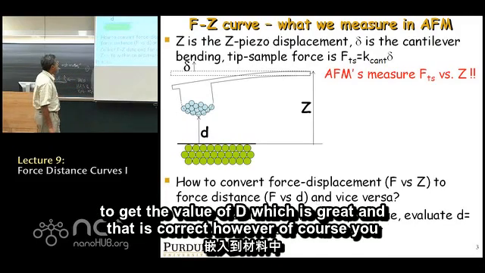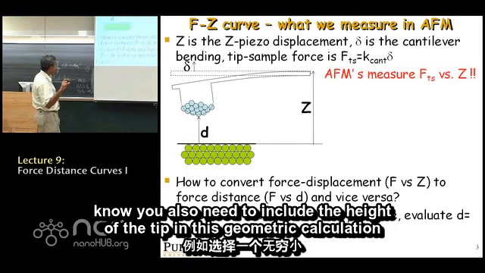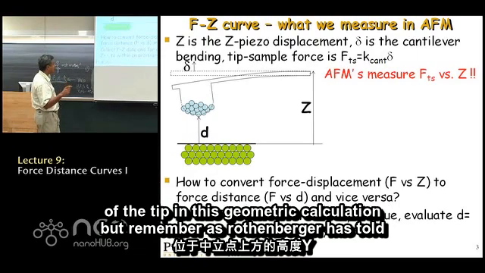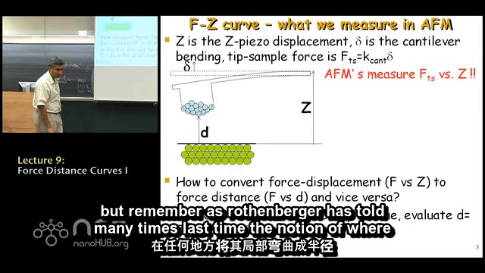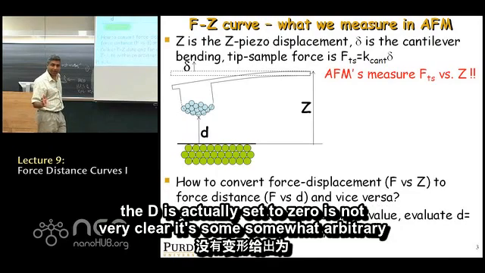However, of course, you also need to include the height of the tip in this geometric calculation. But remember, as Professor Reifenberger has told many times last time, the notion of where D is actually set to 0 is not very clear. It's somewhat arbitrary.